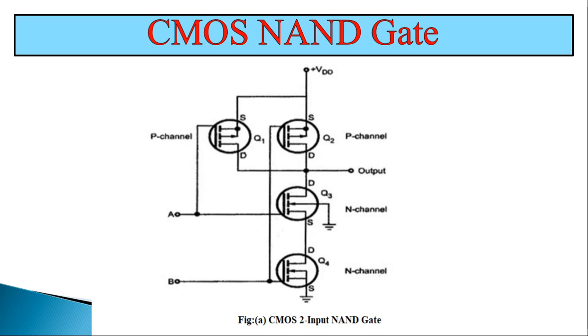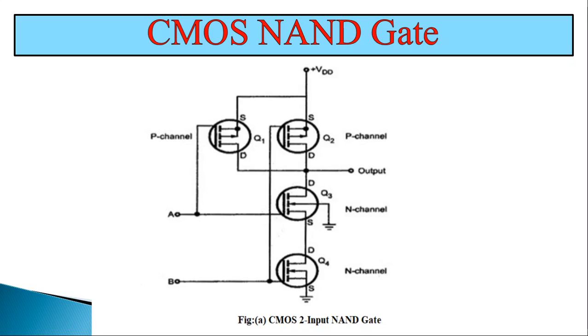CMOS NAND gate. Let us now discuss the CMOS NAND gate circuit. Figure shows CMOS NAND gate circuit with two inputs, that is input A and input B. It consists of two P-channel MOSFETs, that is Q1 and Q2, connected in parallel, and two N-channel MOSFETs, that is Q3 and Q4, connected in series.